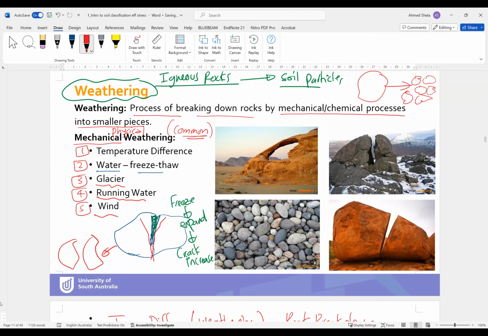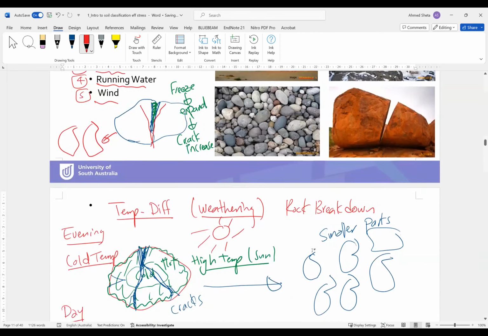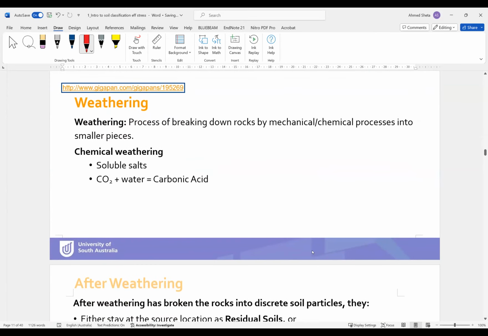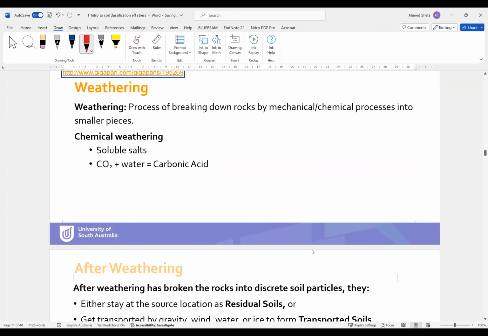The other type of weathering we have is the chemical weathering. This one is less common on Earth, or rare, but it happens.